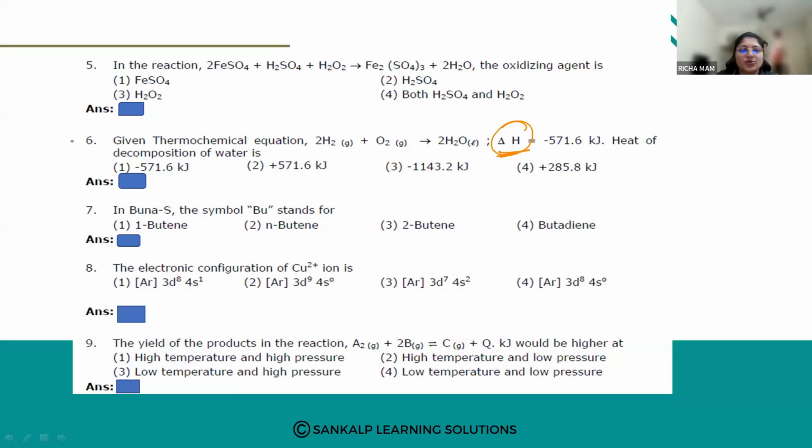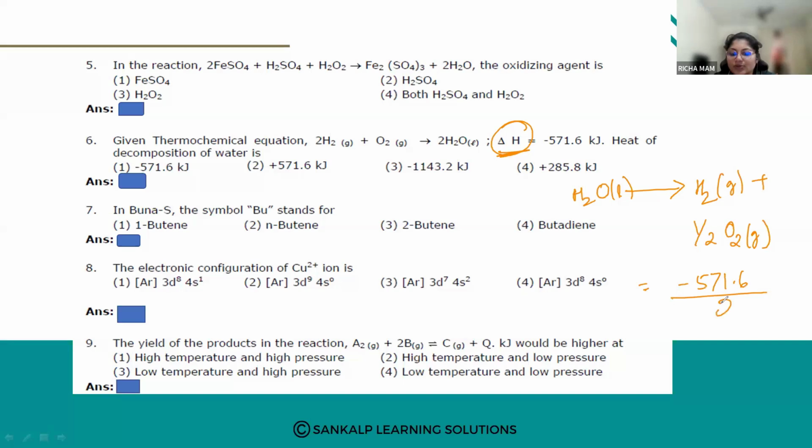Decomposition of water means 2H2O liquid giving you 2H2 gas plus O2 gas. So delta H is given, and if I divide it by 2, what am I going to get?